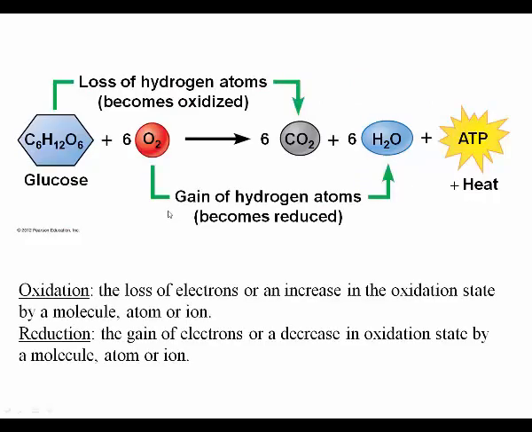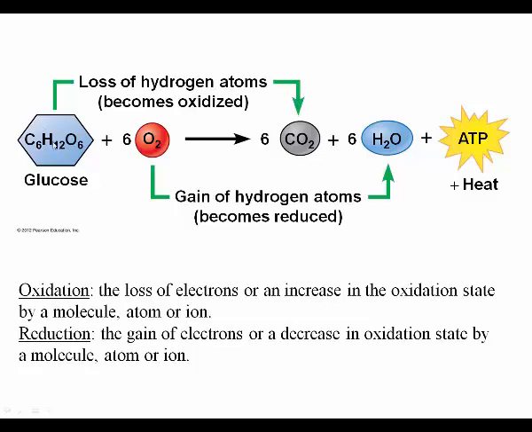Now, what's happening in this process is the molecule of glucose is going to be picked apart slowly but surely, and the energy that's in all the carbon-hydrogen bonds here is going to be released and put into ATP.